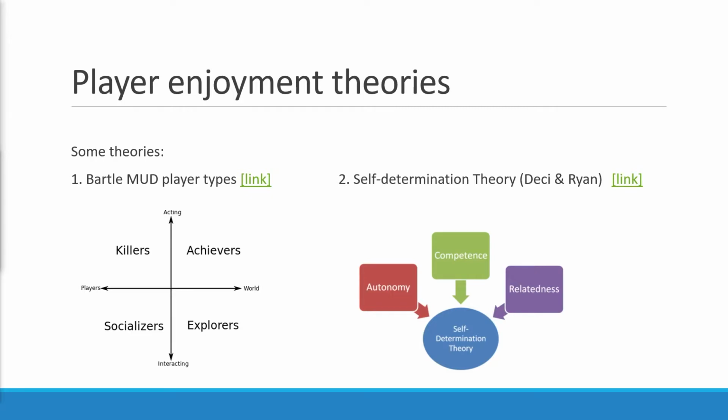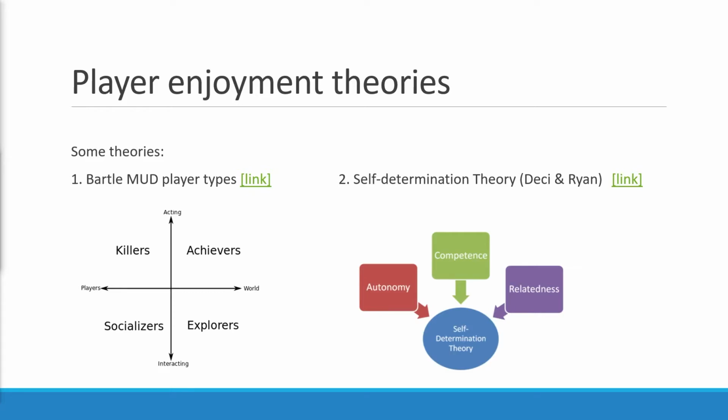Some people like to look at self-determination theory and other theories from psychology in talking about players. The idea being that we should look at players as agents in the world and look at what motivates them as people, as agents, to interact and to get things done in the world.